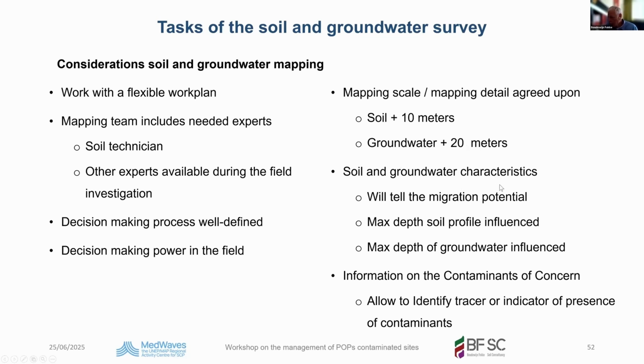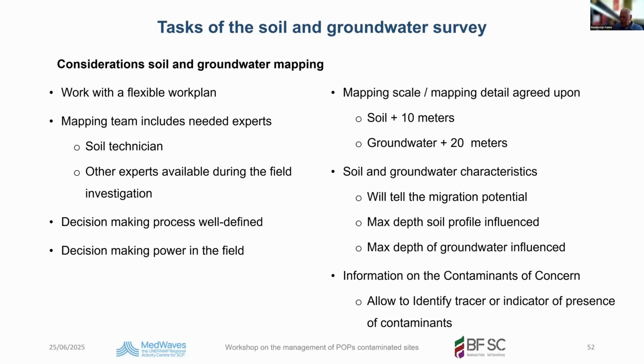Soil and groundwater characteristics will tell the migration potential, the maximum depth of soil profile influence, and the maximum depth of the groundwater influence. And information on the contaminants of concern allows you to identify tracers or indicators of presence of contaminants, meaning that you may have a broad spectrum of contaminants of concern, but some are more mobile than others, and some are cheaper to analyze than others.